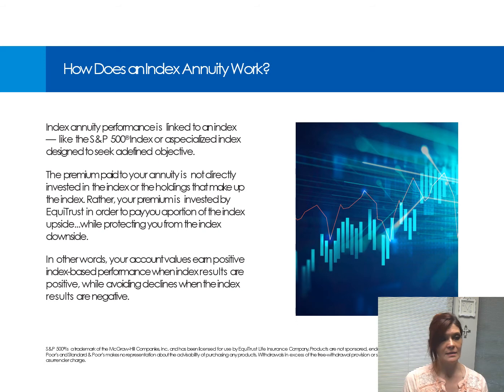So with an indexed annuity, the gains, instead of being at a fixed interest rate, are based on an index such as, in this case, the S&P 500. There are many other hybrid indexes. We could go over those products specifically if you'd like when we have a discussion one-on-one.